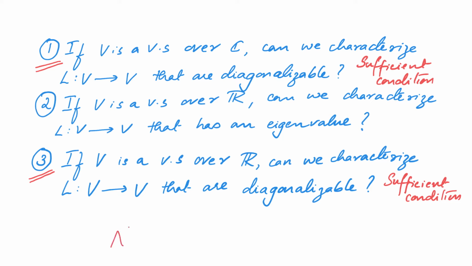Why? Because for a complete characterization, we need a necessary and sufficient condition. What is a necessary and sufficient condition? We want both ways. That means if the condition is satisfied, then L should be diagonalizable, and if L is diagonalizable, then the condition should be satisfied.